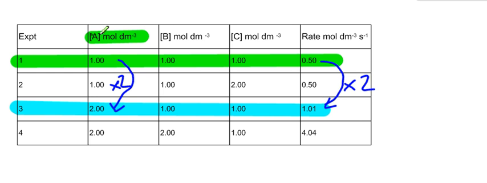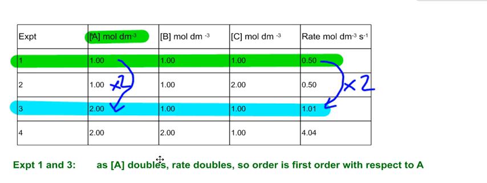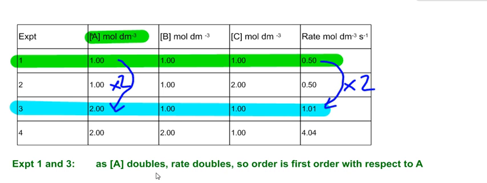So when I double the concentration of A and B and C stay the same, my rate is also doubling. So the concentration of A and the rate are in a proportional relationship, so from experiments 1 and 3, I can see that as A doubles, the rate doubles.